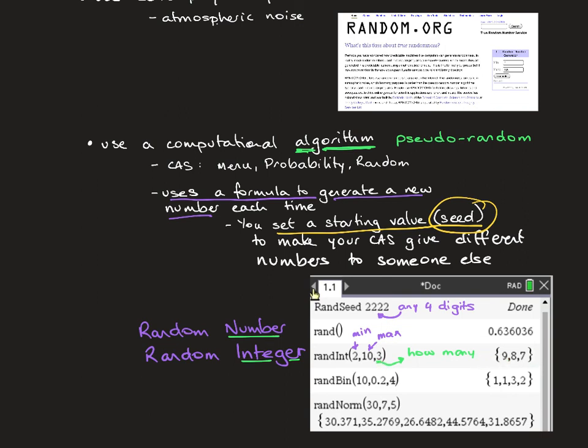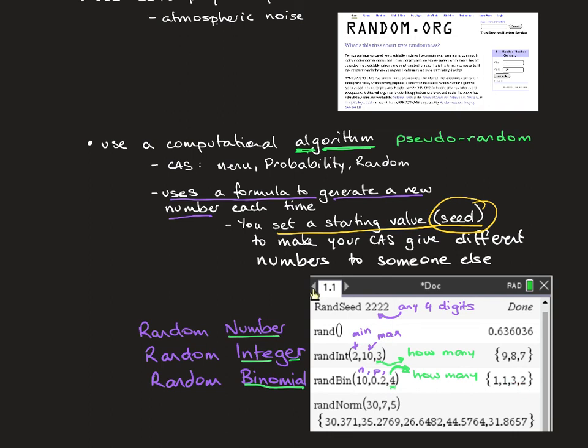The next one is your random binomial, and this will generate you a set of numbers from a sample of 10 with a probability of success of 0.2, and I've asked here for 4 outcomes, and so it's generated them here.